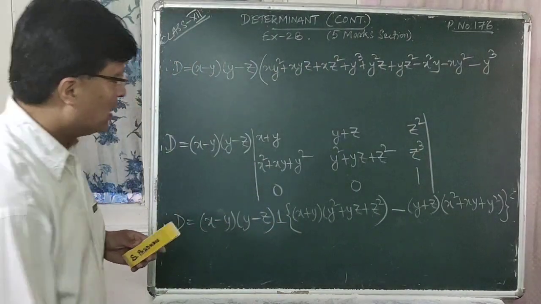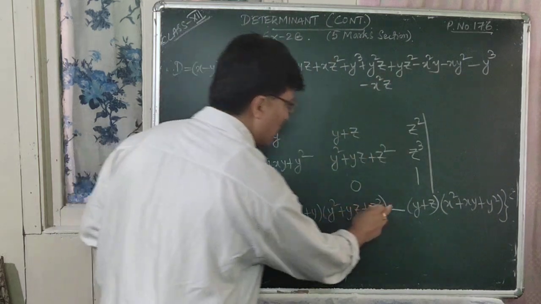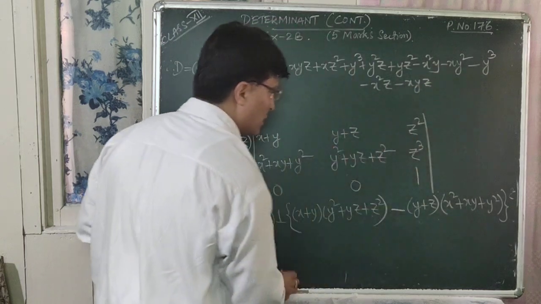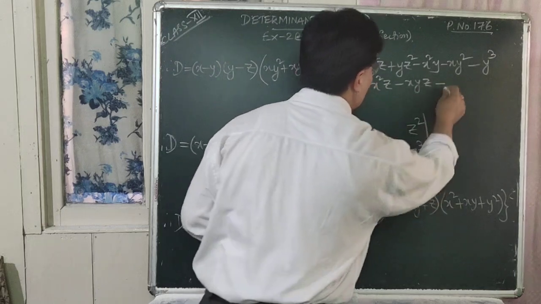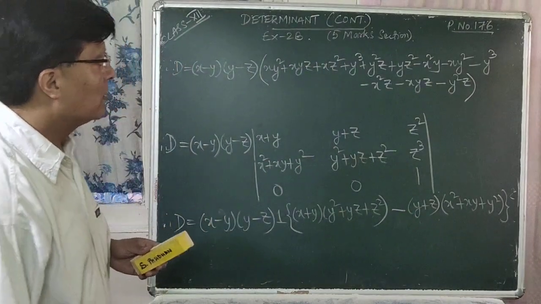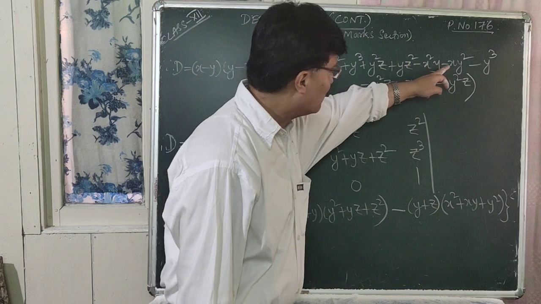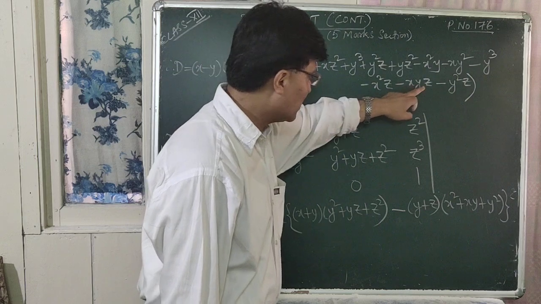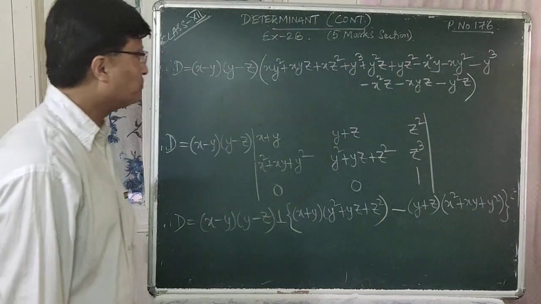Next minus x square z, minus xyz, minus y square z. So let us take it once again. Minus x square y minus xy square minus y cube minus x square z minus xyz minus y square z, right? So it's correct. Okay.